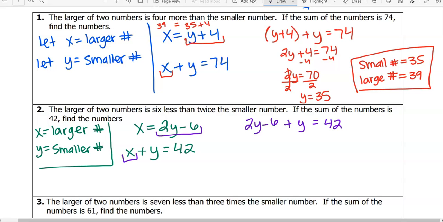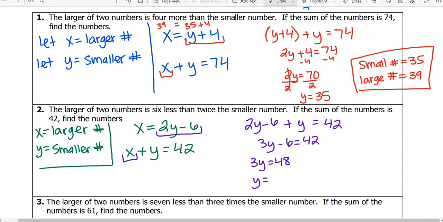Do we have any terms I can combine together? Yeah. What's 2y and y? 3y. We still have minus 6 equals 42. Add the 6. Good. So that gives me what? 48. Thank you. Divided by 3.